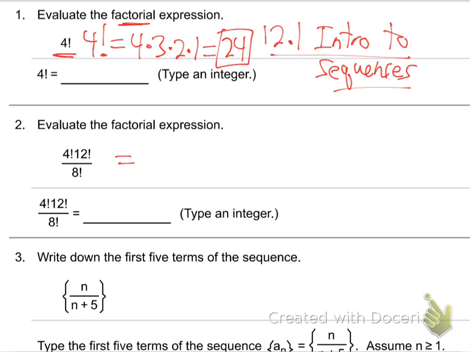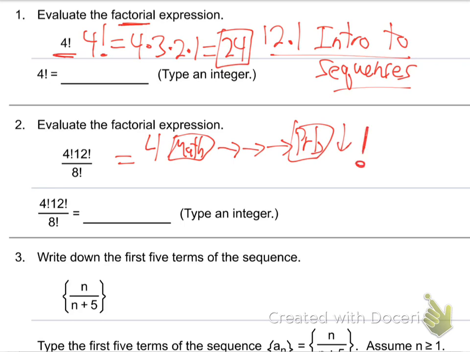Having said that, let me show you how to do this on your calculator. There is a button, and we could do it by hand, but why bother if you can use it? The way you do 4 factorial is you hit 4, then hit the math button, and go across to the PRB menu, the probability submenu, and go down, and you'll see the exclamation point there.